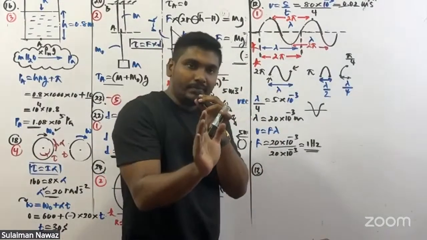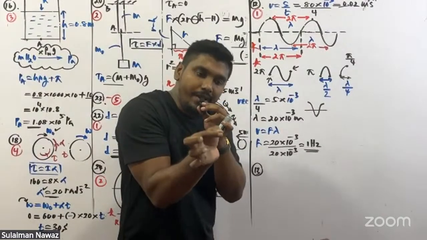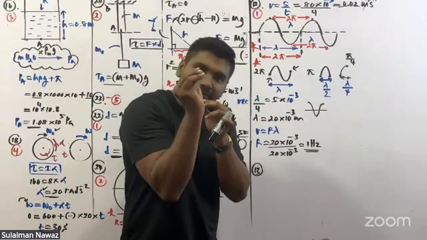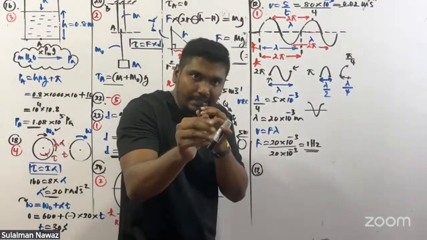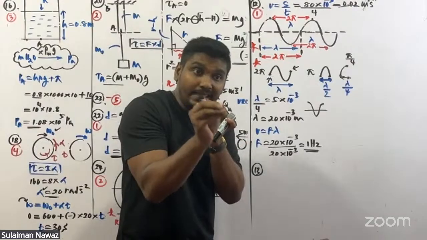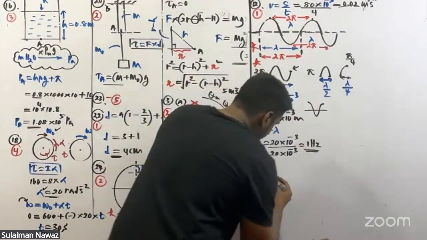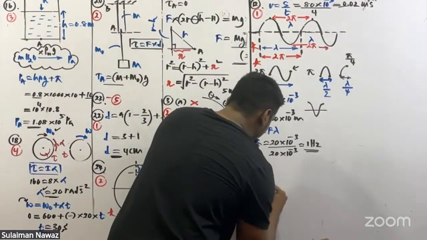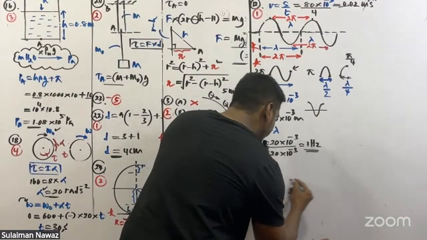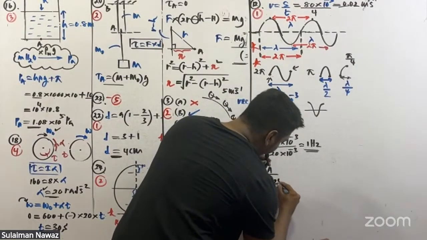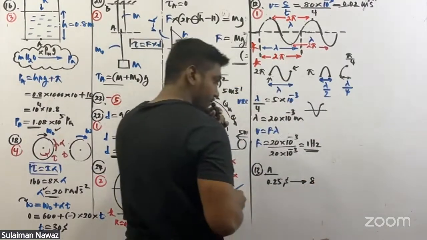Frequency means within 1 second, how many wave cycles are there. How many wave cycles happen within 1 second is frequency. We calculated 8 wave cycles, and that is happening in 0.25 seconds. When you consider tuning fork A in the displacement time graph, within 0.25 seconds only, 8 cycles are happening.